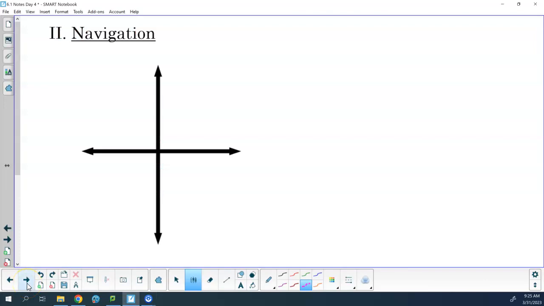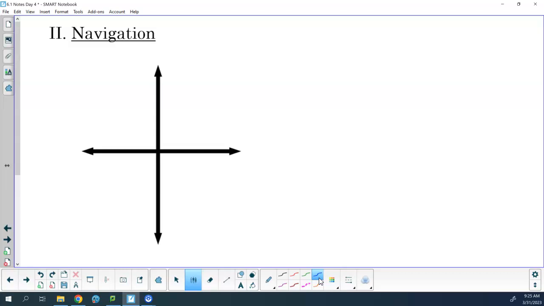So up at the top of that page, there's a little blank space that we're going to fill in right now. We've got navigation. Navigation angles can come in one of two forms. The first form is an angle form, like a plane is bearing 300 degrees.